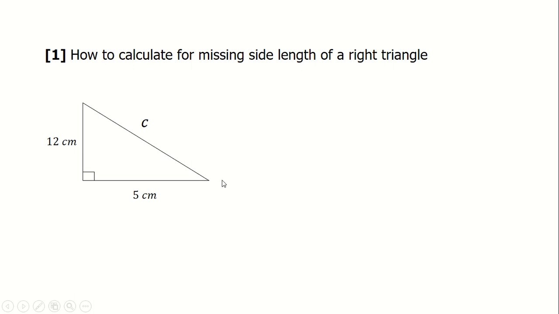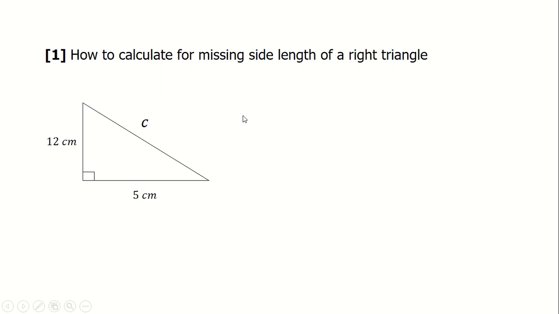Since we are dealing with units of length, please expect units such as centimeters, feet, inches, and meters will also work since we are dealing with the side lengths of a triangle. Here, what is missing is C, or the hypotenuse.